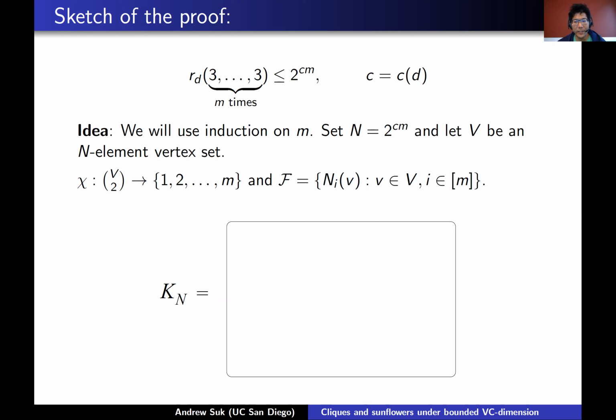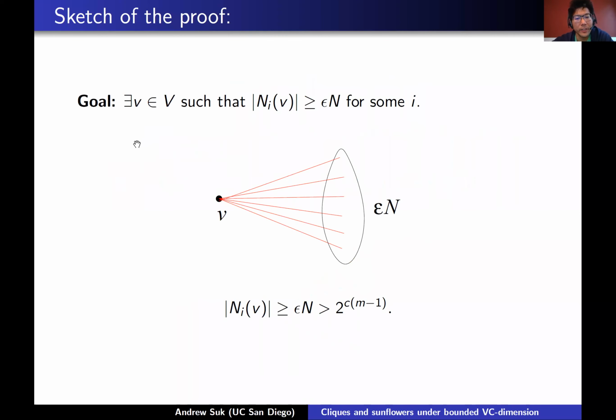So suppose we have this m-coloring of the edges of this complete graph on 2 to the constant times m vertices. So we want to find a monochromatic triangle. The goal of the proof, and what would be nice, is if I can find a vertex such that with respect to one of the color classes, it has a very large neighborhood. And when I say large, I mean an absolute constant times n, like n over 100 or something.